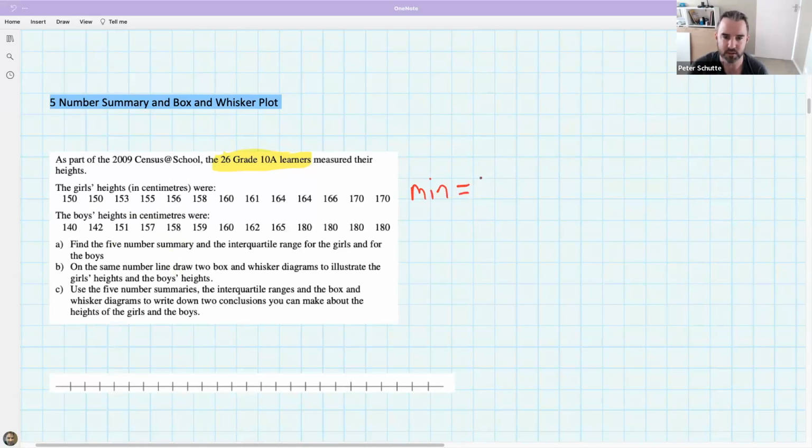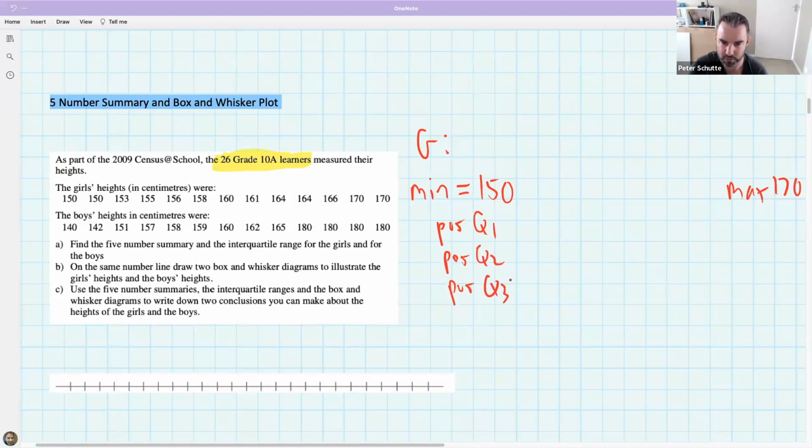The minimum is 150 for girls. Maximum is 170. So that was a piece of cake. I'll just put G for girls. For Q1, I need to do the position formula of Q1, the position formula of Q2, and the position formula of Q3. But what's tricky is that N for girls is not 26.